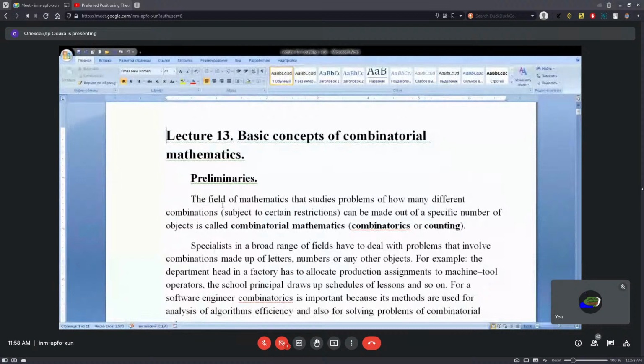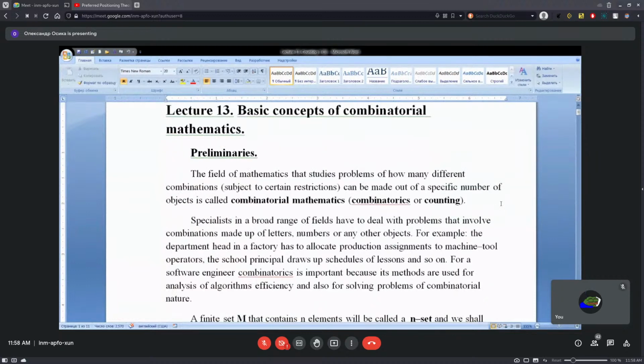In other words, the field of mathematics that studies problems of how many different combinations, subject to certain restrictions, can be made out of a specific number of objects. So this field of mathematics is called combinatorial mathematics.